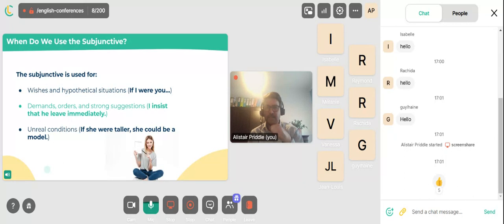I insist that he leave immediately. The subjunctive is used for unreal conditions. If she were taller, she could be a model.